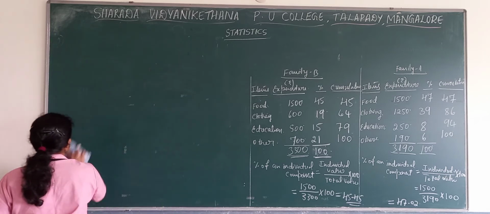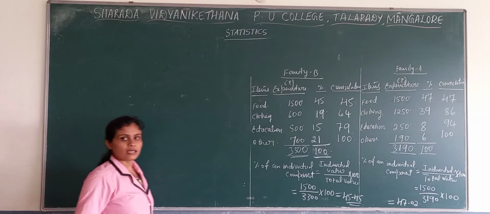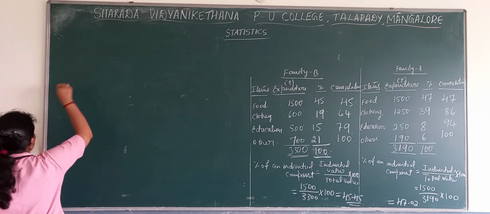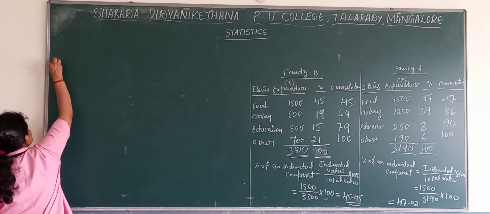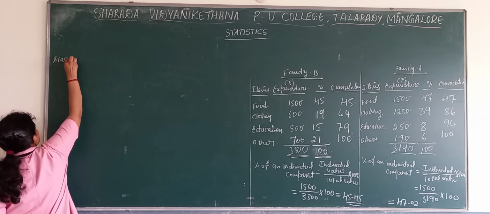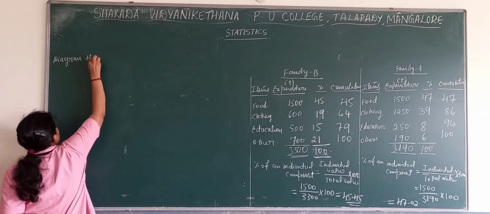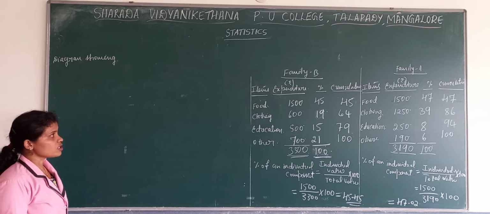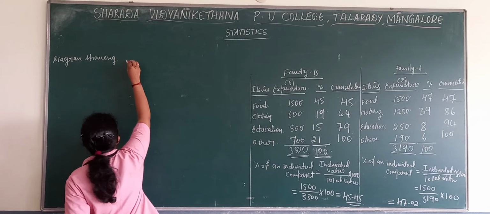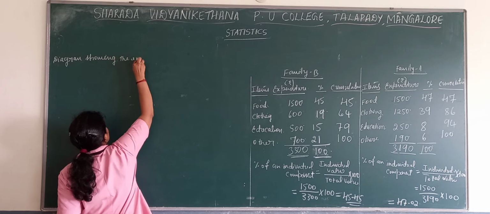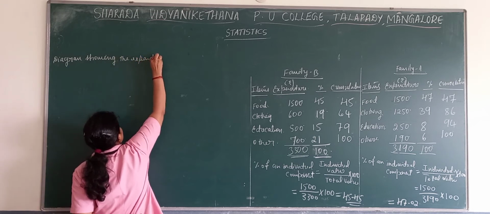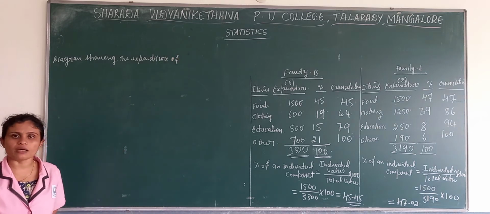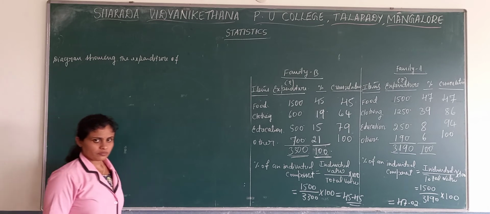Now firstly write the percentage bar diagram showing the expenditure on different items of family A, family B. That also you can write.